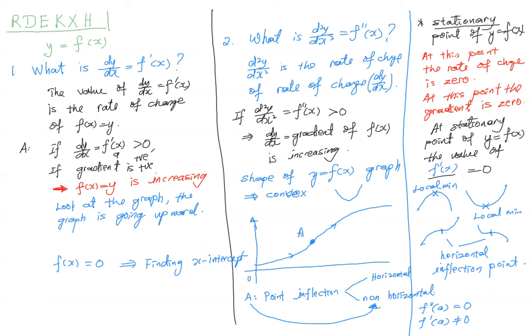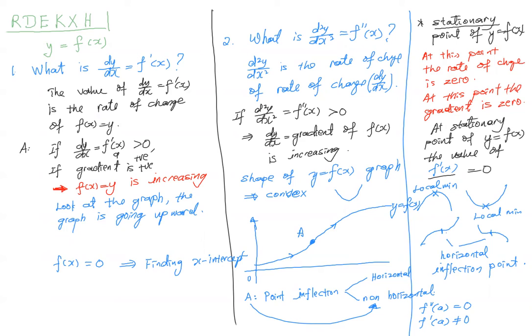So what do you mean by point of inflection? For non-horizontal point of inflection, it means that at that particular point of y equal to f(x), the f(x) is either increasing with the fastest rate or decreasing with the fastest rate.